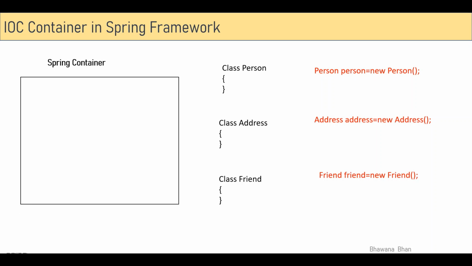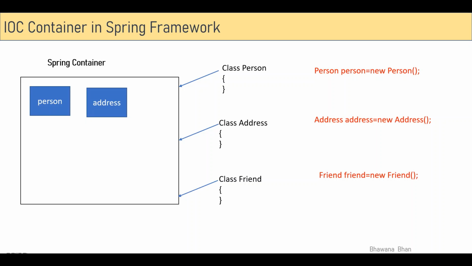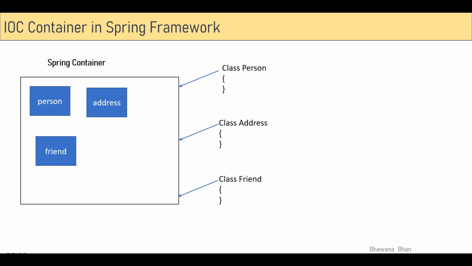Just like you have used a web container, like a web server, such as a Tomcat container, which creates the object for your servlet, here we have a Spring container, which is going to create the objects for our classes. We have a Person class, an Address class, a Friend class, and we tell the Spring container, please create the objects for us. Now it's not our responsibility to create the object.